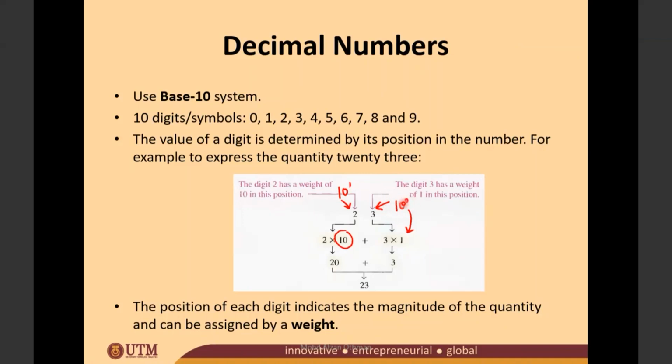For base 2, the weightage is 2 power of n. So regardless of the base system, the base determines the weightage. The position of each digit indicates the magnitude of the quantity and can be assigned a weight. This weightage will keep increasing from right to left.